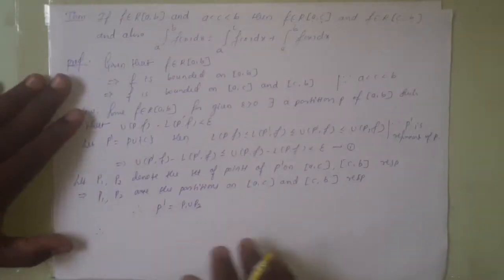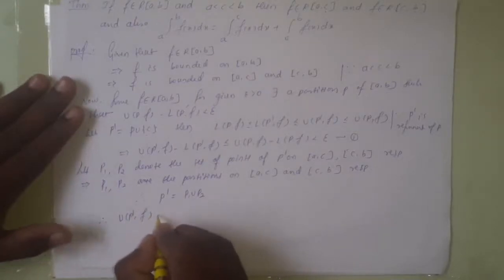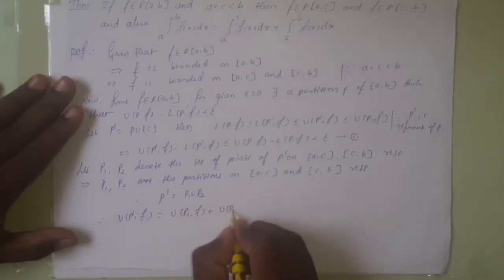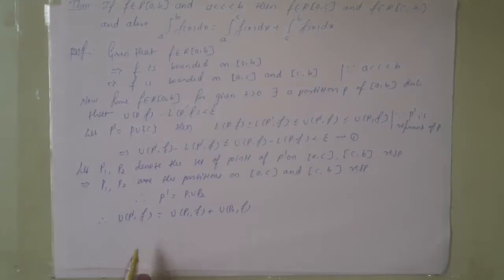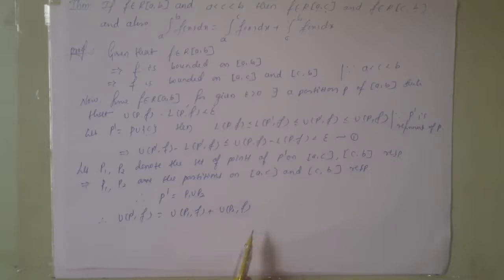So, therefore, we can write that U P dash F can be written as U P1 F plus U P2 F. So, here the upper Riemann sum of the function F on the partition P dash is equal to the sum of the two upper Riemann sums of the function F on the partitions P1 and P2. Since P dash is the union of P1 and P2, its upper sum can be written as U P1 F plus U P2 F.